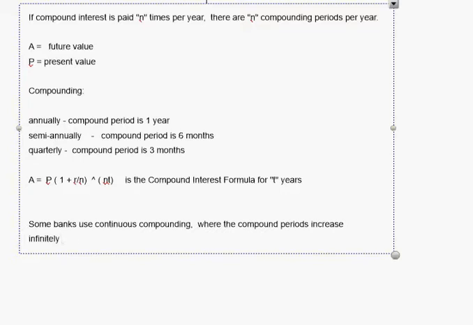A compound period becomes every trillionth of a second, then every quadrillionth of a second, etc.